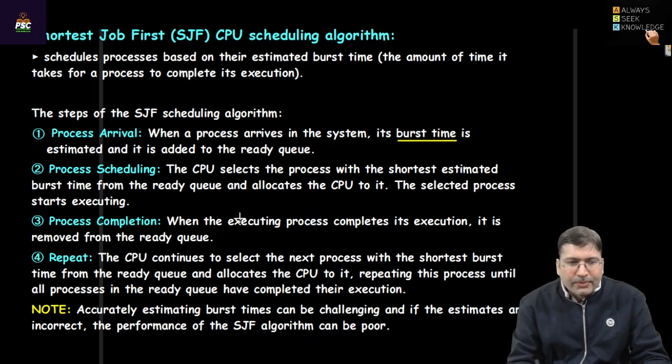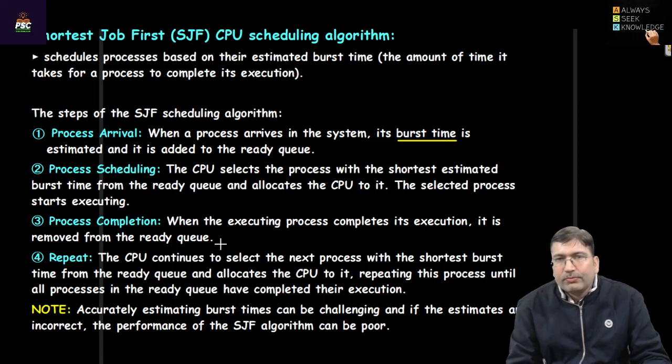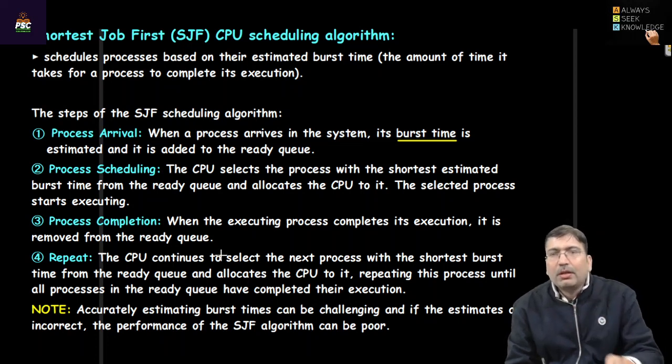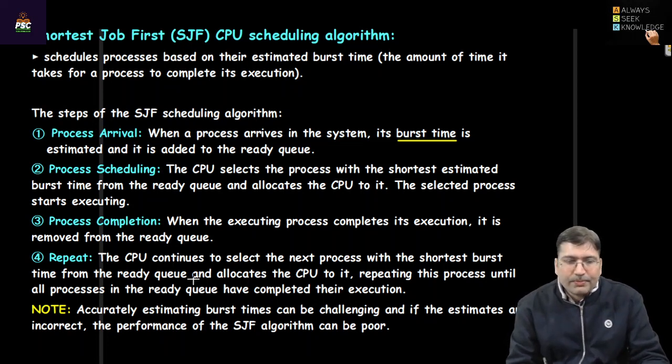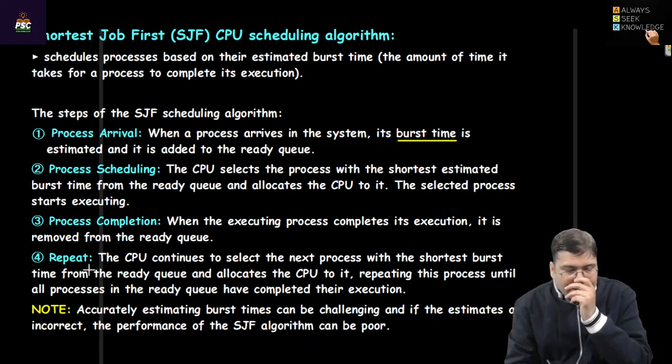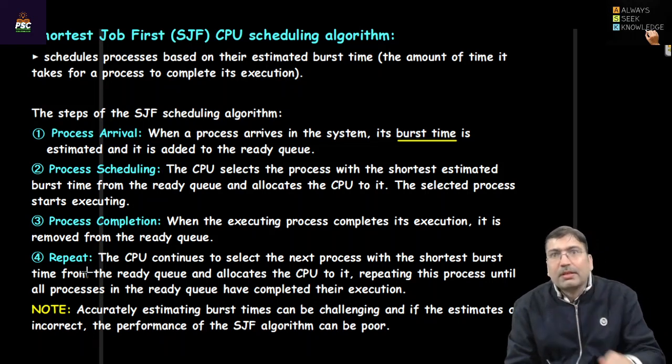Then the process will execute, and because we are discussing non-preemptive SJF here, when the process completes its execution, it will be removed from the ready queue, and the next process will be picked based on the shortest required CPU burst. These steps will be repeated until all the processes finish their execution.